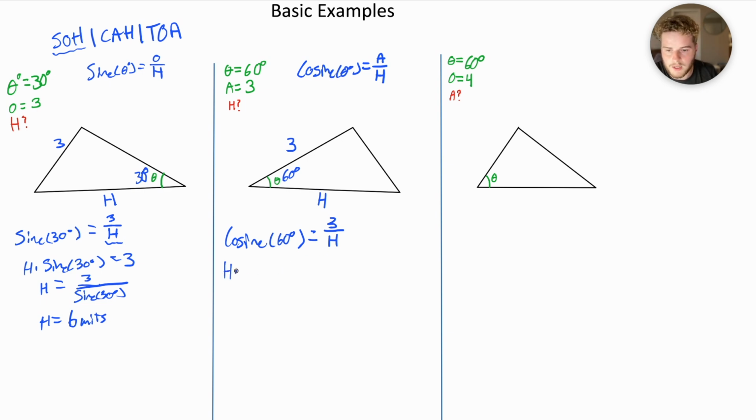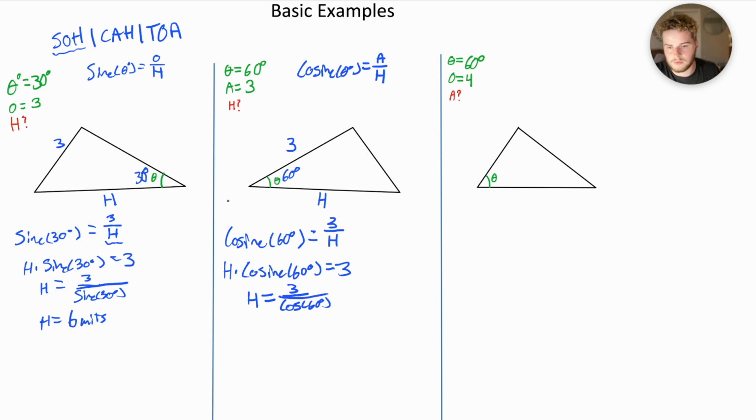We're going to have hypotenuse times cosine 60 degrees equals 3, because we multiply the hypotenuse on each side. That'll cancel out this fraction here. And then we want to make sure we set the variable equal to something. So h equals 3 divided by cosine, which we can just call COS, that's the abbreviation for it, of 60 degrees.